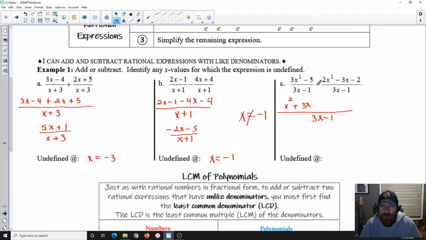And then negative 5 minus negative 2, so negative 5 plus 2 would be negative 3. All right. So undefined at, we can set that equal to 0 and solve for x. But we would see that x cannot be 1/3.